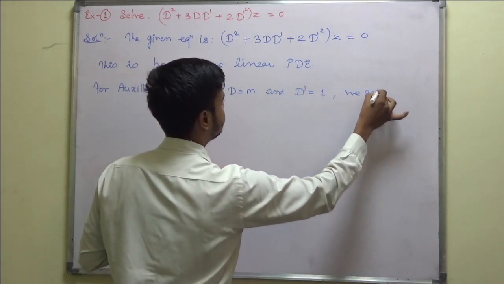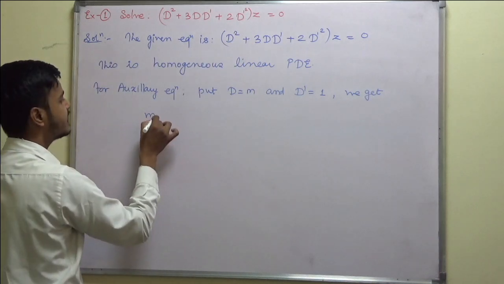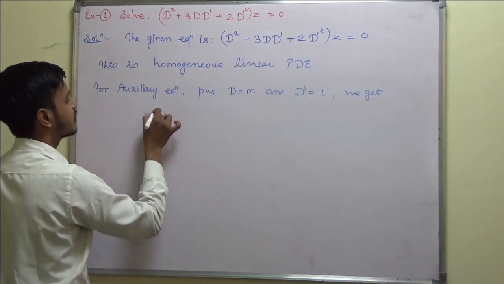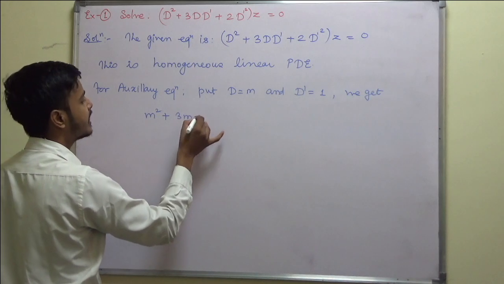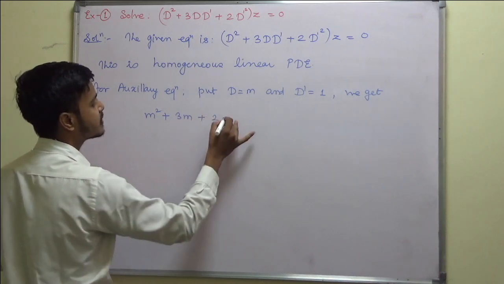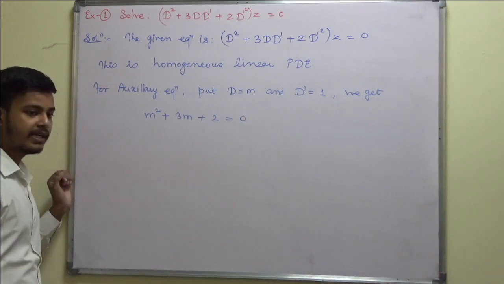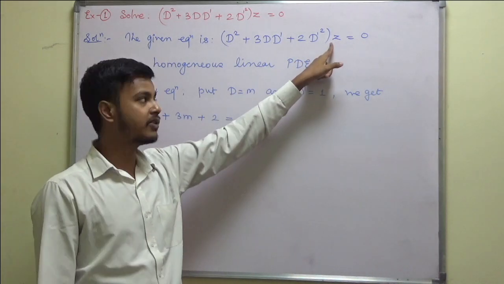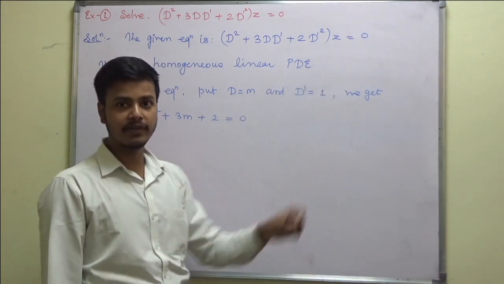We get, so what will we be getting? We'll be getting m square plus 3m into 1 plus 2 into 1 square equal to 0. Okay, forget about this z. In the auxiliary equation there should not be a dependent variable.